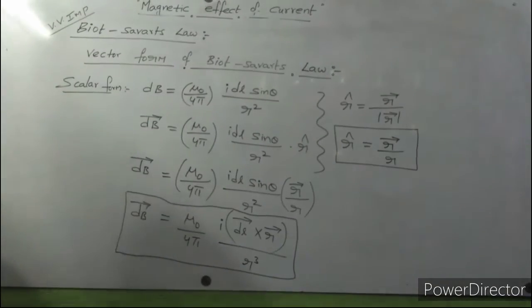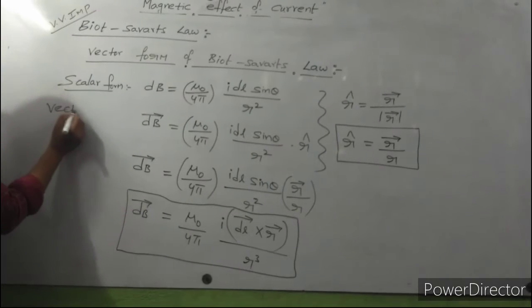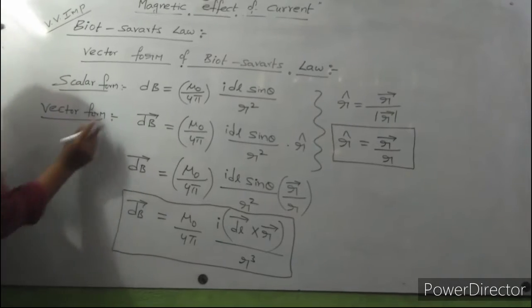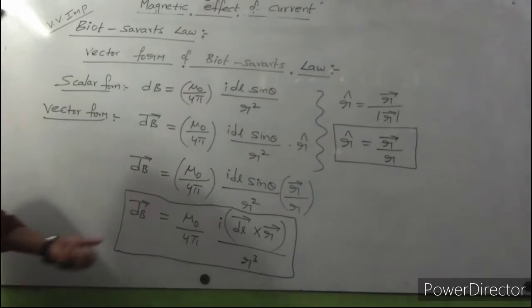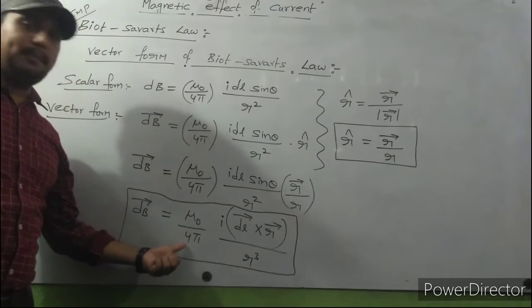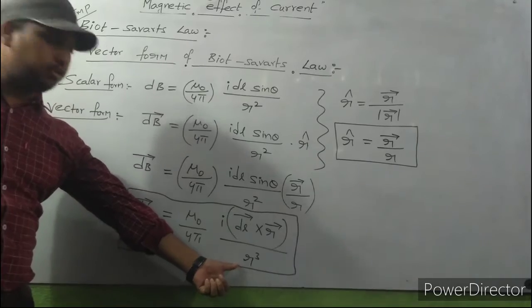So what is the vector form of Biot-Savart's law? The vector form of Biot-Savart's law is dB bar is equal to mu naught by 4 pi into I into dl bar cross r bar by r cube.